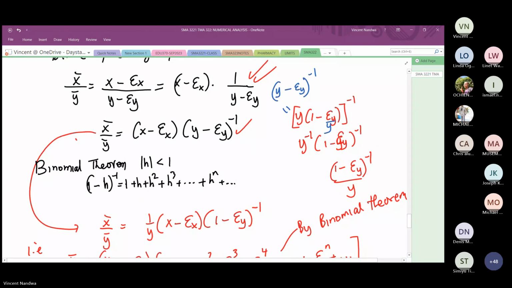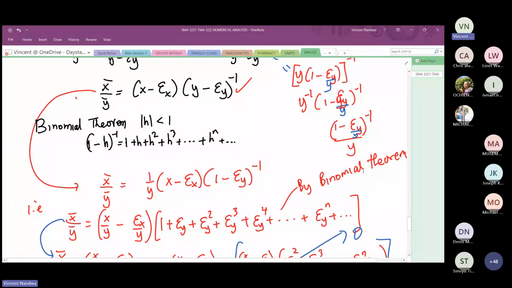Yes, we need to put here y so that when we expand, we get back the y minus error in y, okay? So we need to have a y here so that if you are to open, you'll say y times 1 is y, and then y times minus error in y over y, you get now error in y. So we need to divide this by y here. So there's an error in y over y.